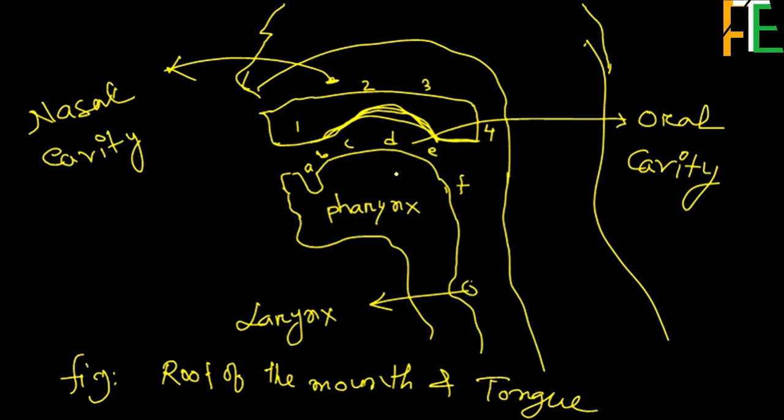These parts have a great role in the production of speech sounds. The type of the speech sound depends upon from which part of the tongue and from which part of the roof of the mouth the speech sound is finally articulated.